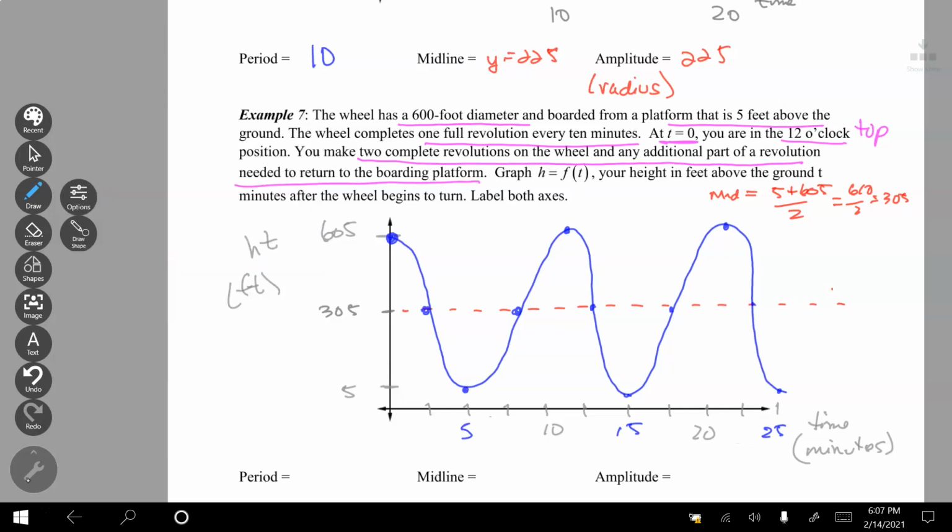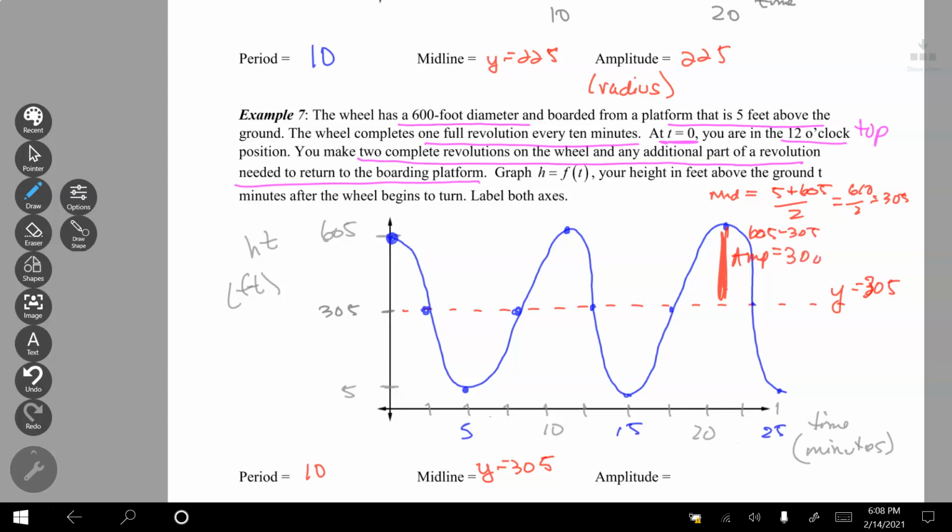I have my y equals 305. y equals 305 is my midline. My period is still 10. My amplitude is from here to here, and my amplitude is 605 minus 305.